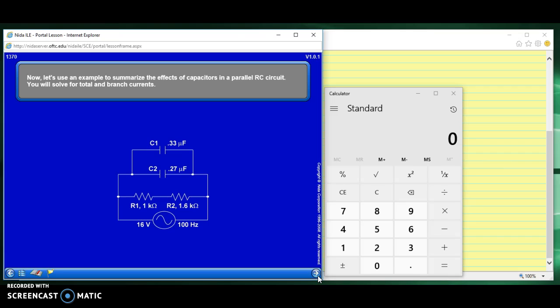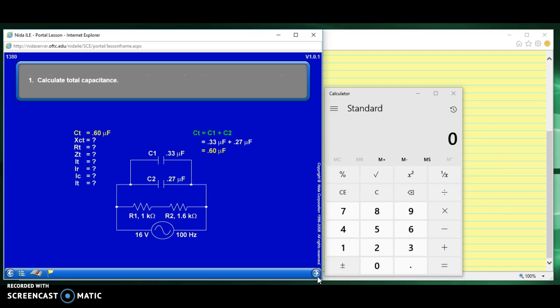So we're going to take a look at this problem here, and we're going to solve it step by step to get these values here. So the very first thing, total capacitance. If we add 0.33 and 0.27, we're going to get 0.6 microfarads.